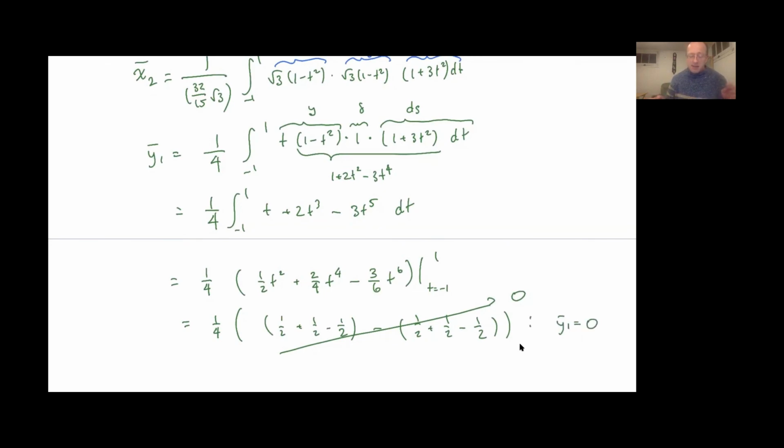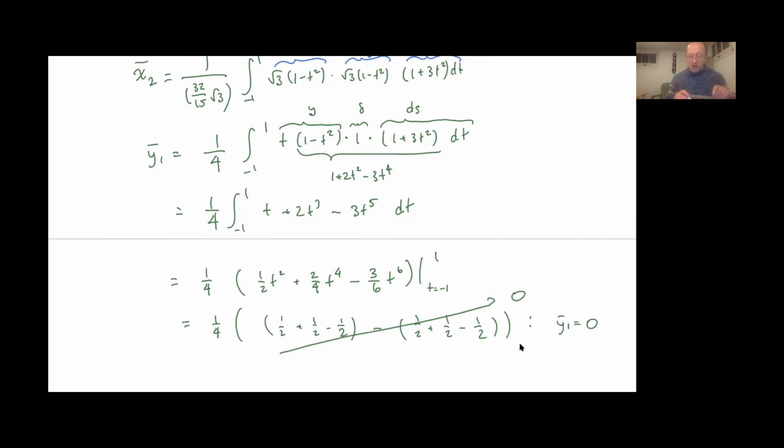Taking a step back, you might notice one of the patterns of integrals. This is an odd function, meaning that if you negate the input, the output will also get negated. If we plug in minus t, this function takes on the opposite value.